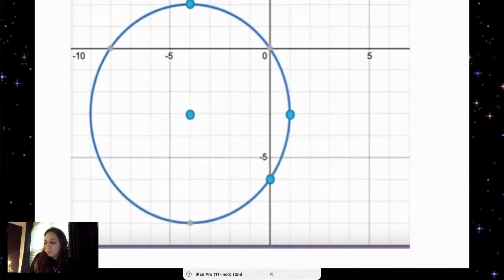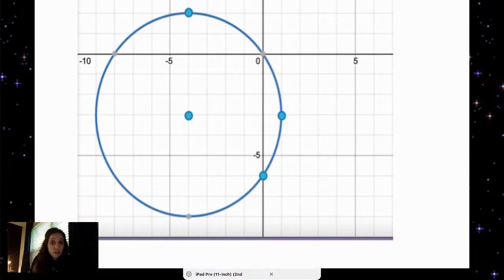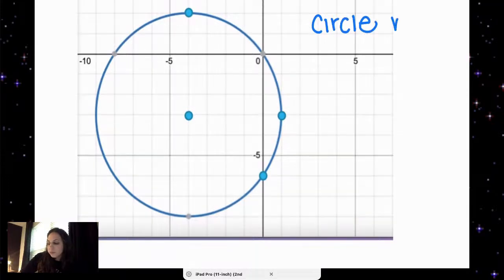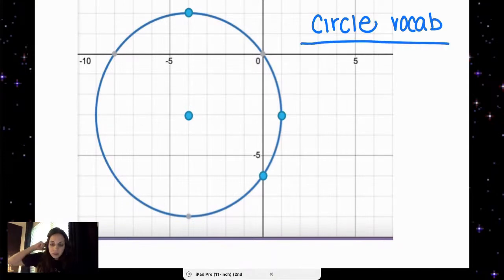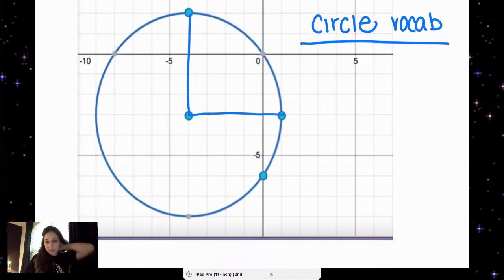Now, a little vocabulary that everybody needs to know. Circle vocabulary. This is another one of my little rabbit trails. So, we have our radius. A radius is the distance from the center of your circle to the outside of your circle.